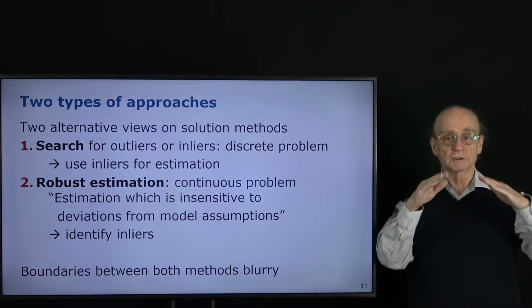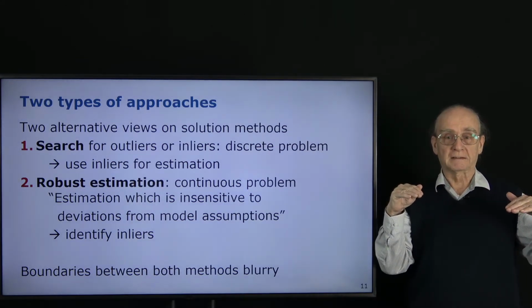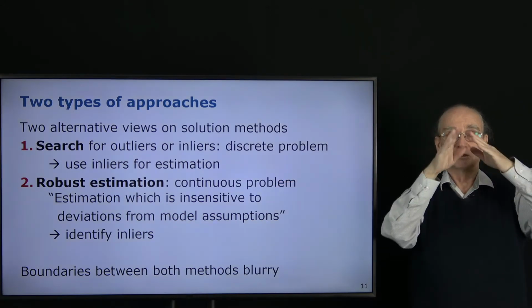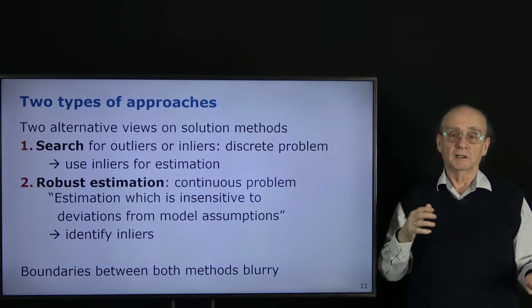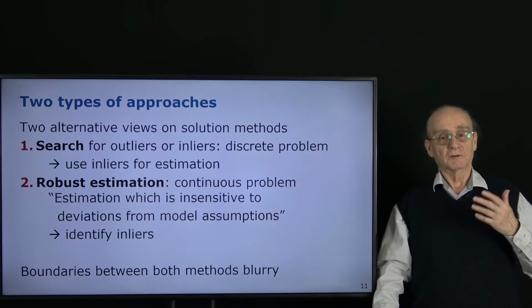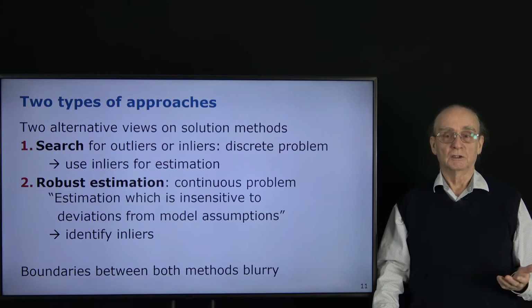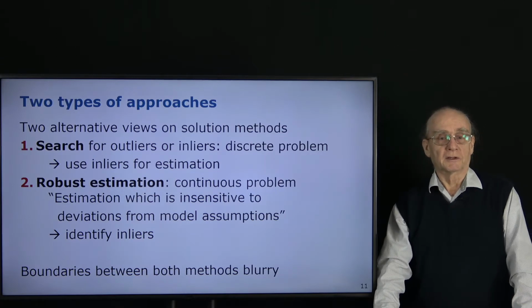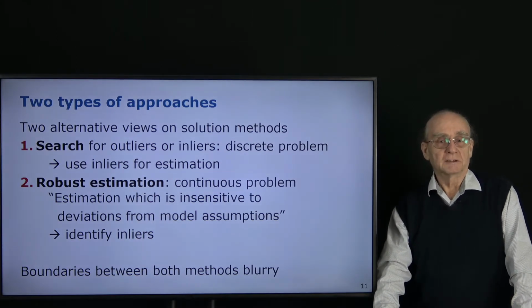So if you have a Gaussian distribution for 99% of the data and a very flat distribution for 1%, then the distribution is off and you may be able to make some type of maximum likelihood estimation for this case. And if you have done this estimation, then of course you can make a decision from the residuals, let's say, whether certain points are inliers or outliers. Unfortunately, many real solutions to find outliers mix these two in some way. So the boundaries between these methods are a little bit blurry.